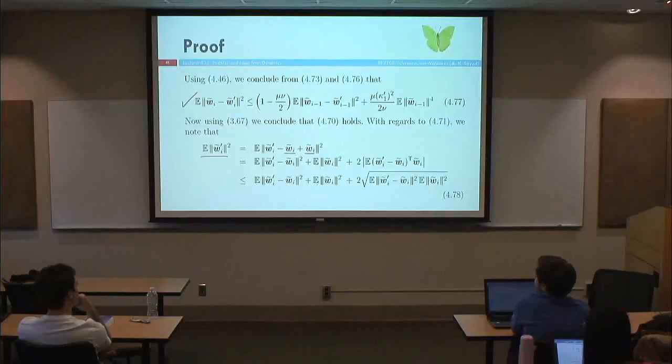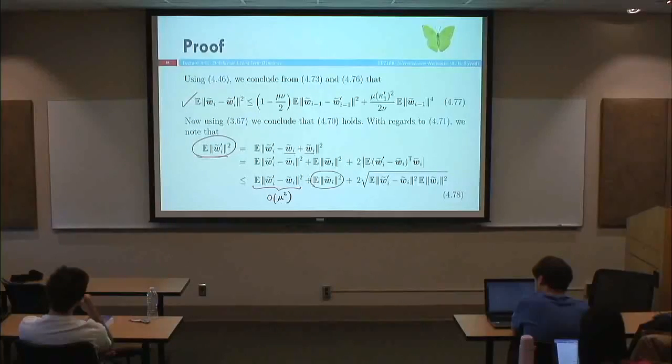So remember, I want to know how far the lim sup of this is from the lim sup of that. Well, I already know this quantity in steady state is mu squared. This quantity in steady state is mu. And this quantity here in steady state, mu squared. So you get the square root of mu cubed.